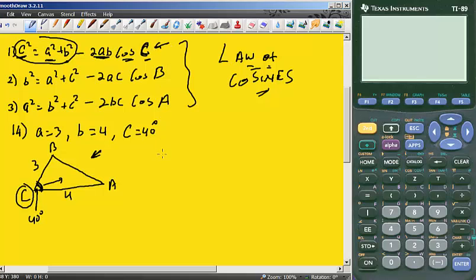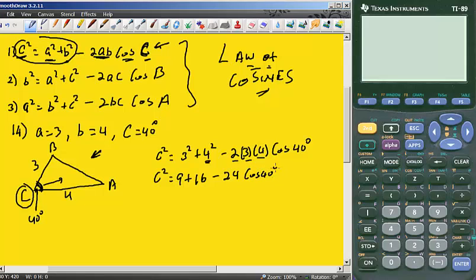So c squared is equal to a squared, which is 3 squared, plus b squared, which is 4 squared, minus 2 times 3 times 4 times cosine of 40 degrees. So c squared is equal to 9 plus 16 minus 2 times 3, which is 6, times 4, which is 24, times cosine of 40 degrees.